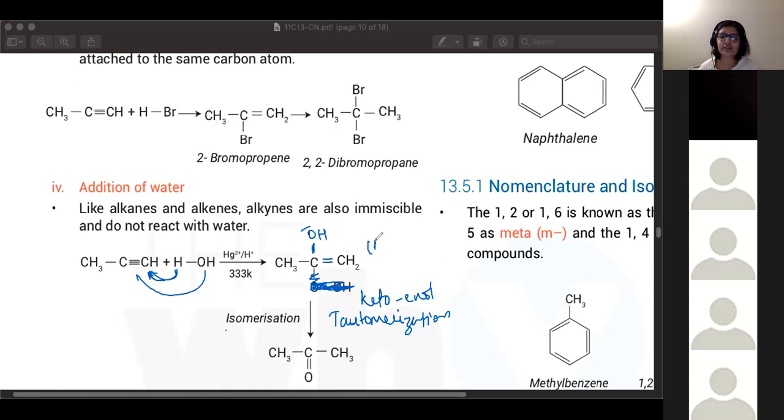This is in accordance with Markovnikov's addition again. So the product that you get is something called an enol. So prop-1-en-2-ol, right?